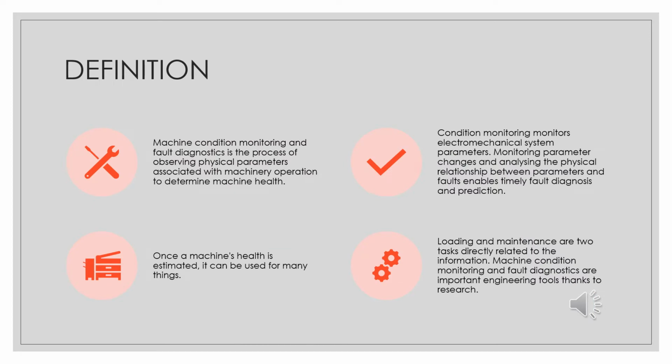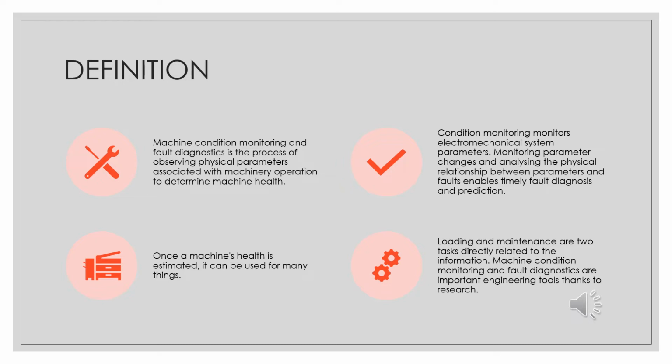Definition: machine condition monitoring and fault diagnostic is the process of observing physical parameters associated with machinery operation to determine machine health. Once a machine's health is estimated, it can be used for many things. Condition monitoring monitors electromechanical system parameters.